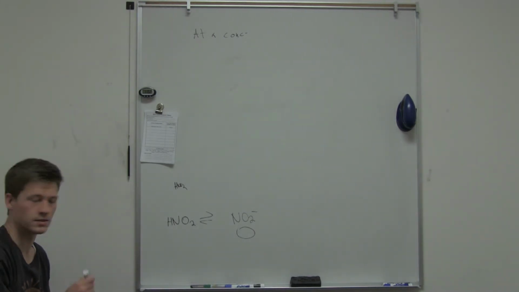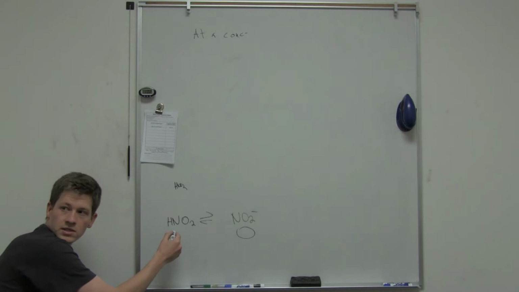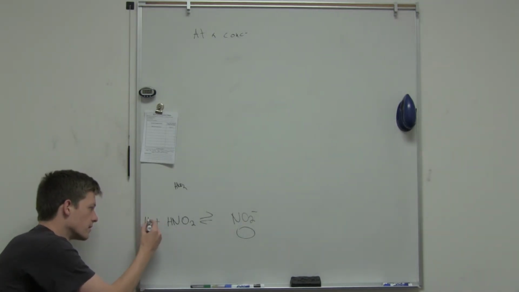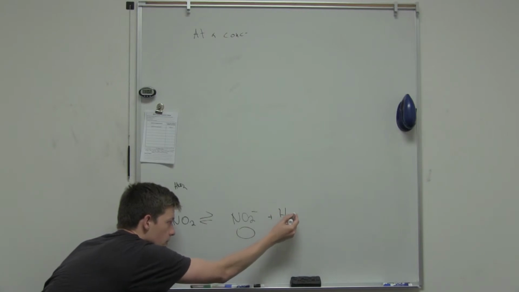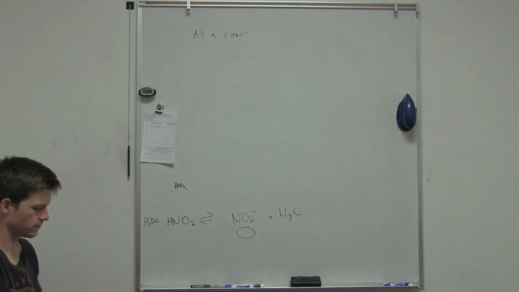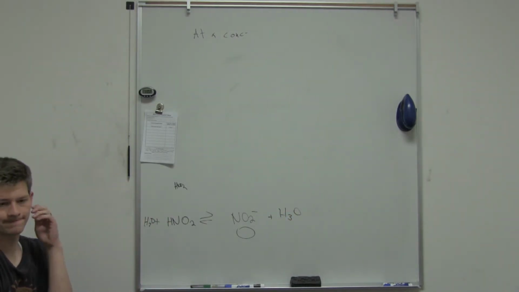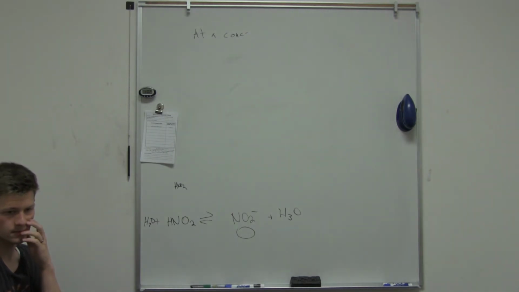So this, when it dissociates in water, right? Okay, gotcha. So it's going to be decreasing as well because the HNO2 ionization is decreasing. And then the pH, because of the concentration of H's decreasing, is going to become more basic, which is going to increase.